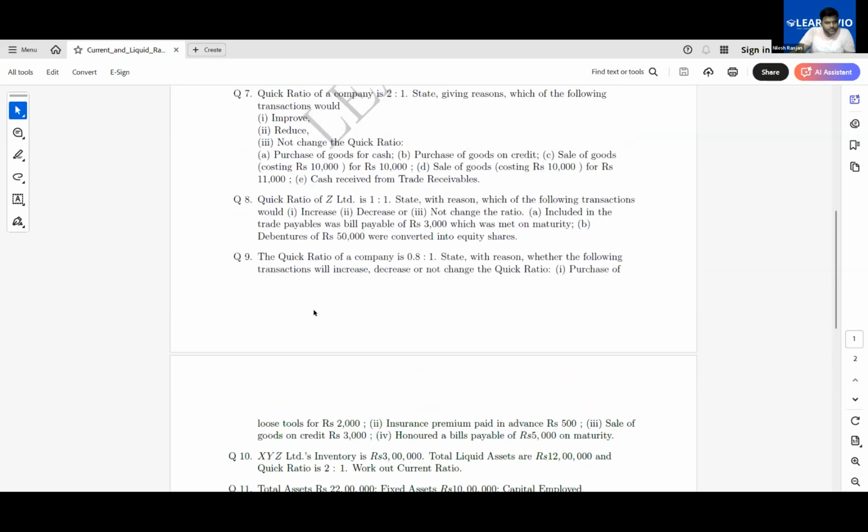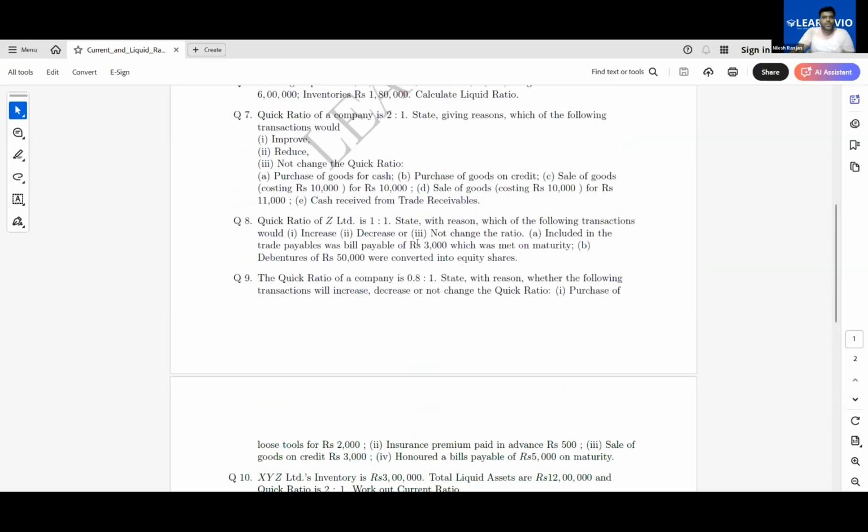Okay, so let's first complete question number 8. Increase, decrease or no change in the ratio: included in the trade payables was bills payable of rupees 3,000, which was met on maturity. Quick ratio is 1:1.